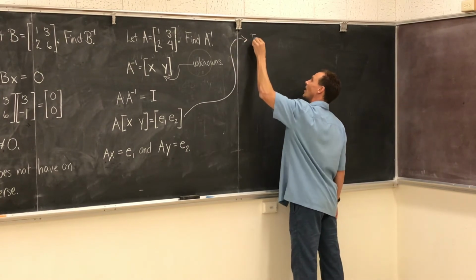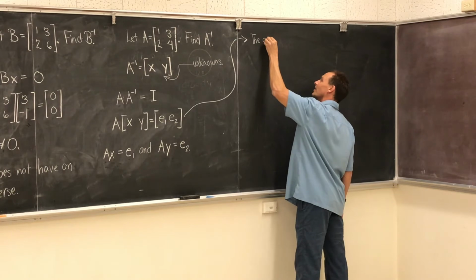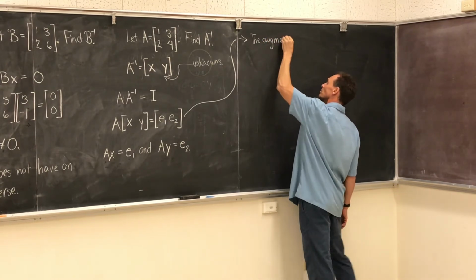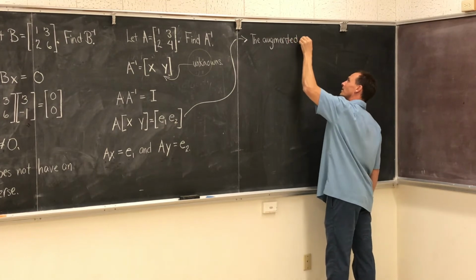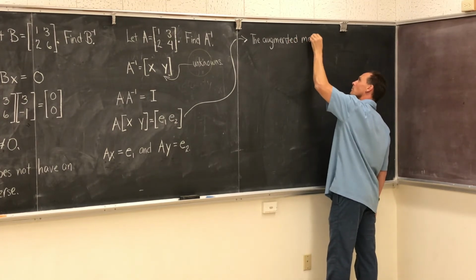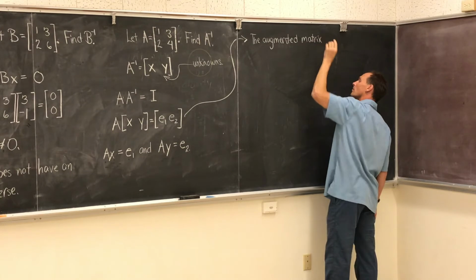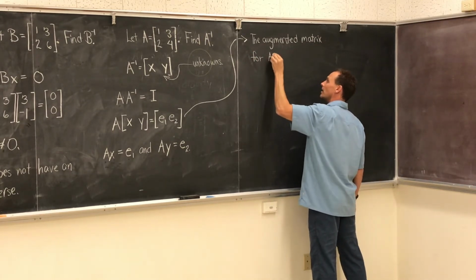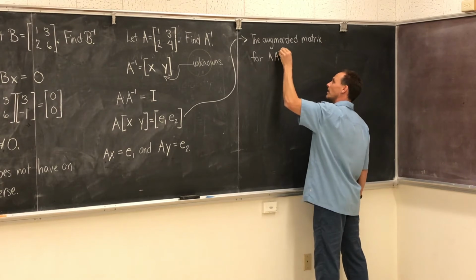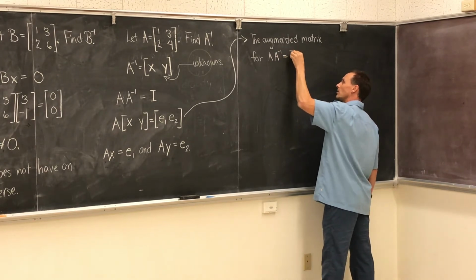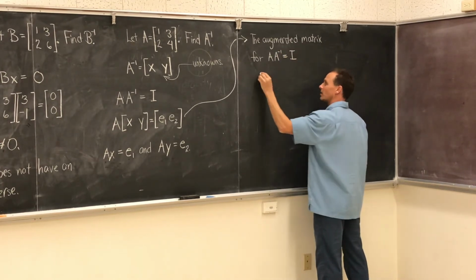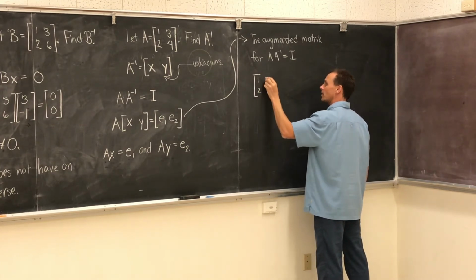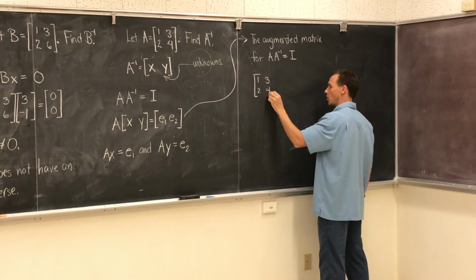We're going to do the augmented matrix for A, A inverse equals I. Well, we know A, that's 1, 2, 3, 4.